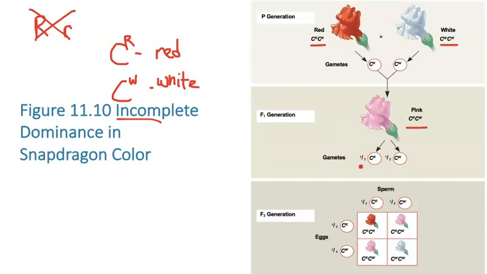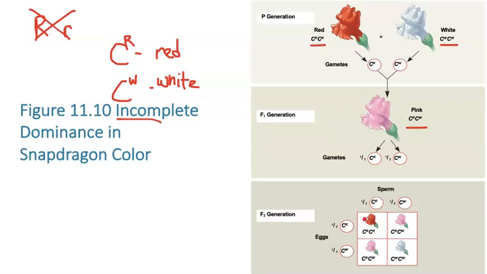Now remember that we can do statistics, we can use probability. This pink flower will make half C^R gametes and half C^W gametes. If we crossed it with another pink flower, they would also make half C^R and half C^W gametes.